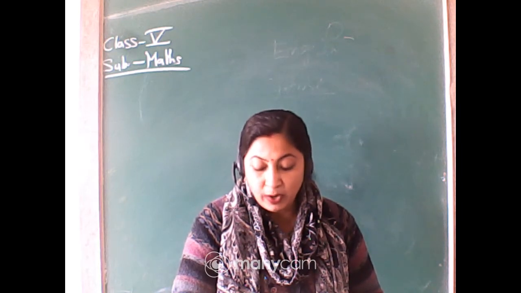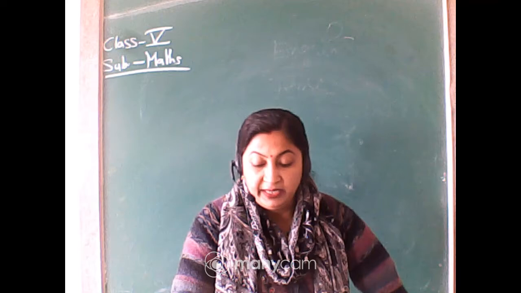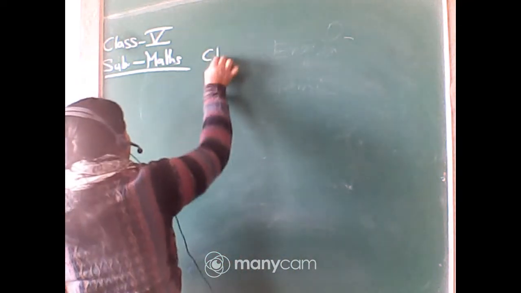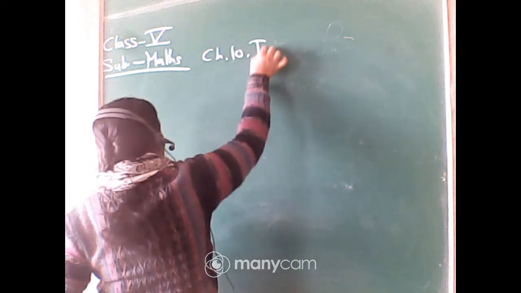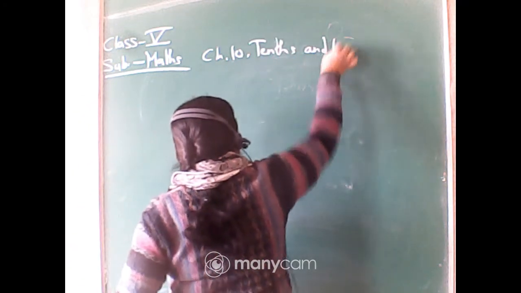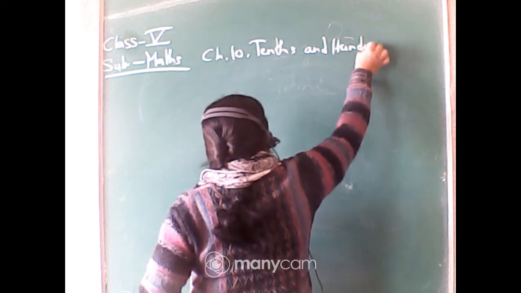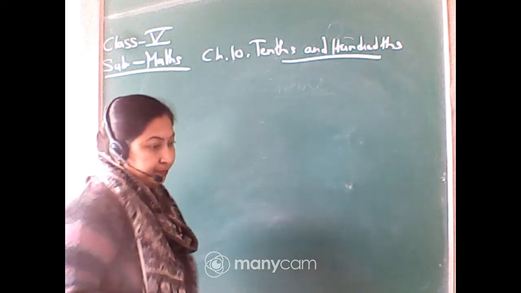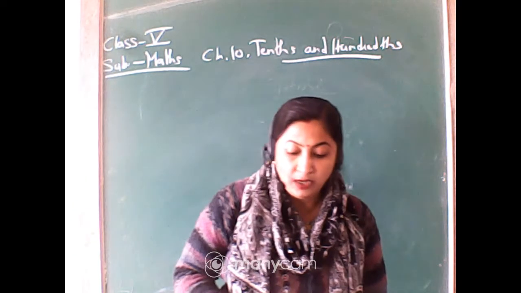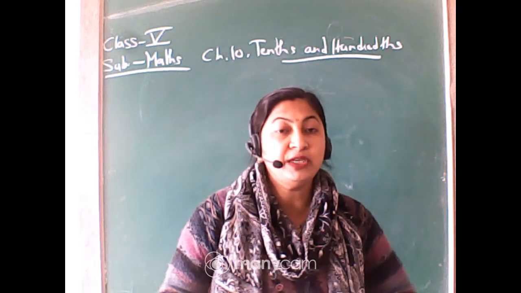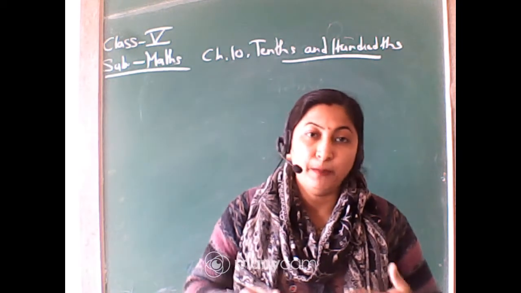This is page number 134, tens and hundreds, chapter number 10. See, what was the length of the smallest pencil you have used?